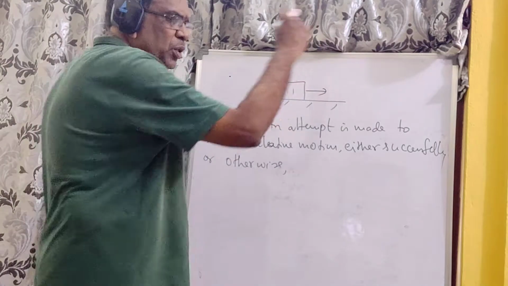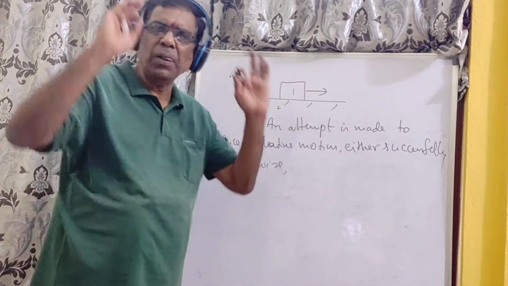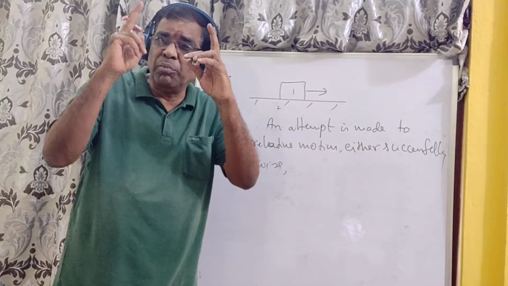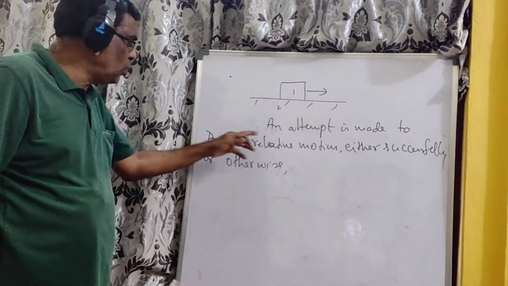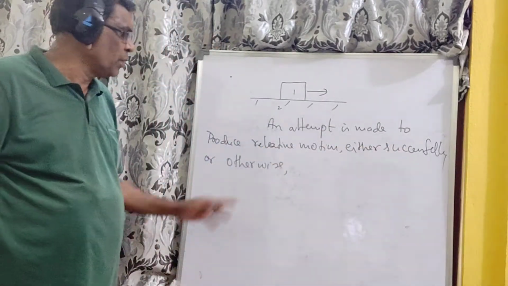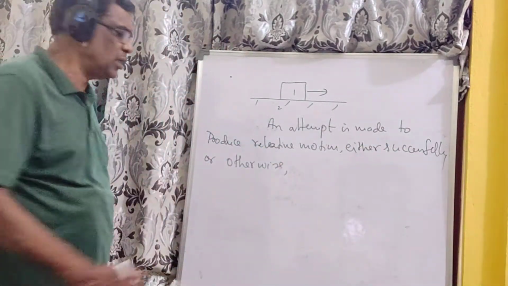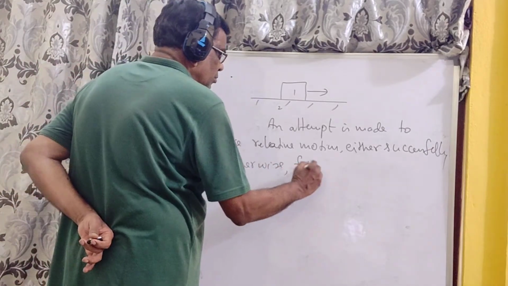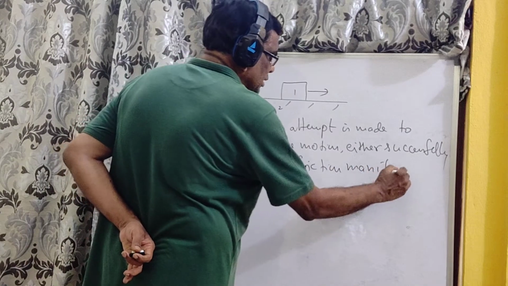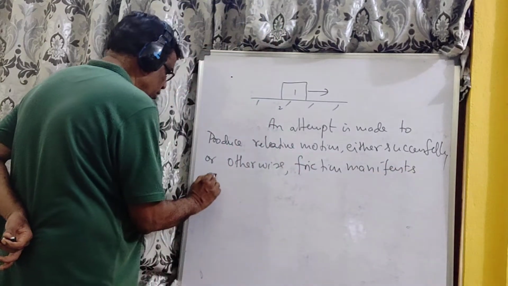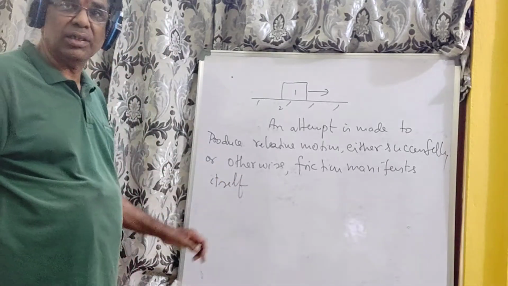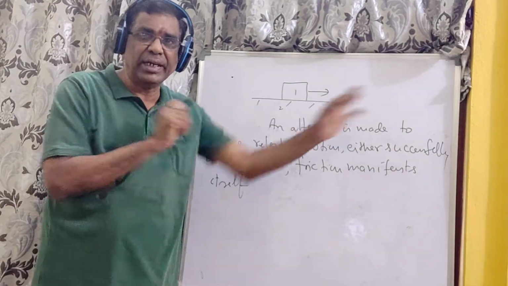You may be able to produce relative motion, you may not be able to produce relative motion, but you are making an attempt. So, an attempt is made to produce relative motion, either successfully or otherwise, then friction manifests itself. Look, it will not come on its own unless you make an attempt.